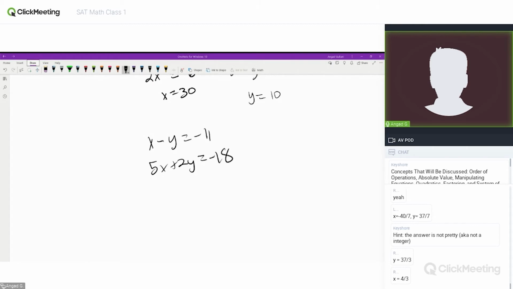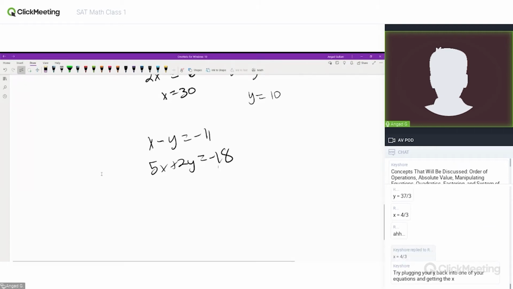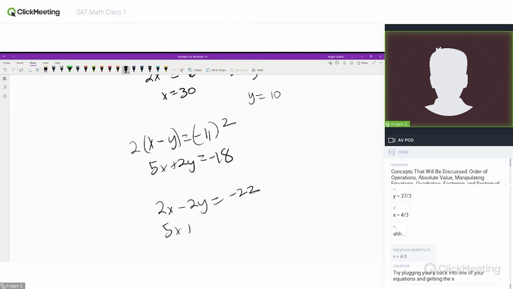All right, I'll go over this now. Let's use elimination for this. What can we multiply on the top? Remember, we have to cancel these out. But just looking at this right now, if I multiply this top by 2, I'll be able to get negative 2y, and I'll be able to cancel out with this 2y. That'll be super easy for me. So if I multiply this whole thing by 2, I get 2x minus 2y is equal to negative 22. 5x plus 2y is equal to negative 18.